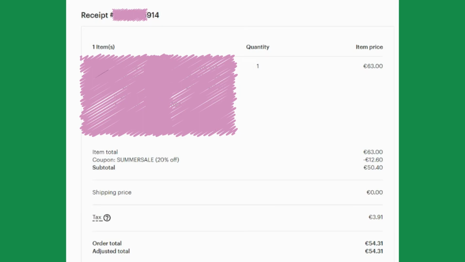First, let's take a look at the receipt for the order we are going to analyze today. My shop is based in the European Union, so my prices are set in euros. In the receipt for the order, we are going to find some important information, such as item price, shipping price, any discounts that you're running in your shop, as well as any taxes that Etsy charges on this order.